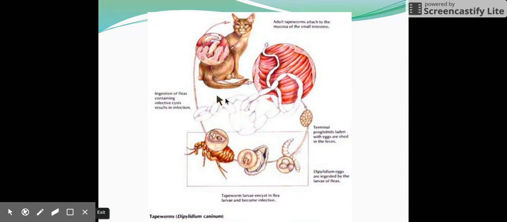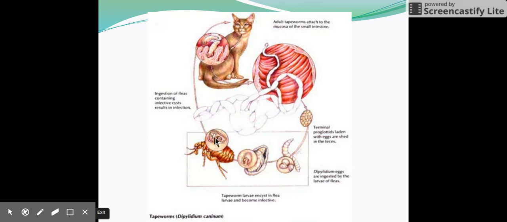So here we have tapeworm, Diplodium caninum. The scolex embeds in between the villi. It hooks right in there, and then it starts growing. It starts producing more and more proglottids, and those proglottids self-fertilize and then break off, and the eggs get released with the feces. Those are then picked up by the larvae of fleas.